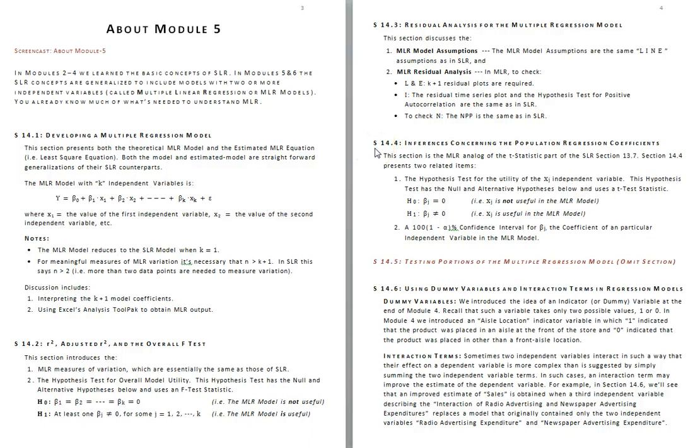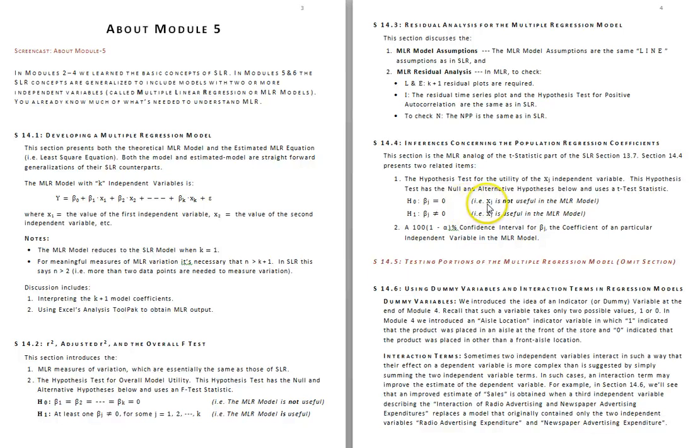Section 14.4 involves two more results. The first is a hypothesis test for the usefulness of the specific independent variable xj. For instance, we may be asking, is the x1 variable useful in the model? H0 says the slope for xj is 0. That is, when any xj value is entered, it will be multiplied by 0 and won't change the estimation of the y value.